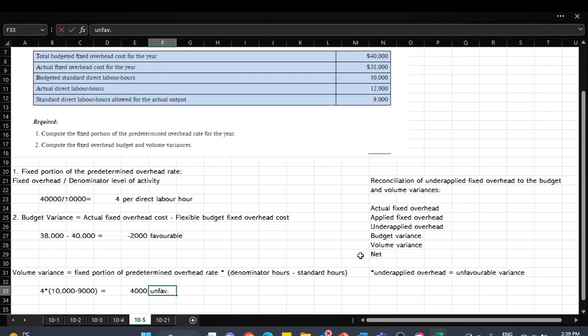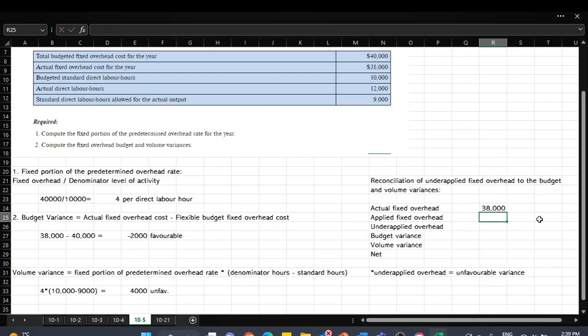So when we reconcile this, it just helps to wrap our brains around kind of what we're looking at here. Okay. If we have an unfavorable variance, we have underapplied overhead. Okay. So our actual fixed overhead was 38,000, given to us in the question.